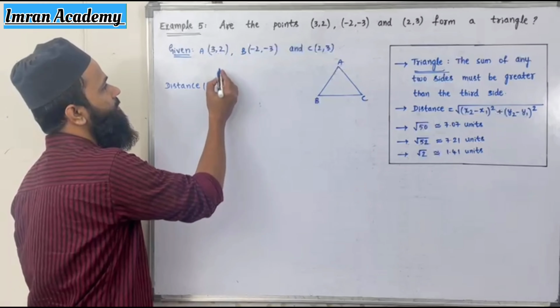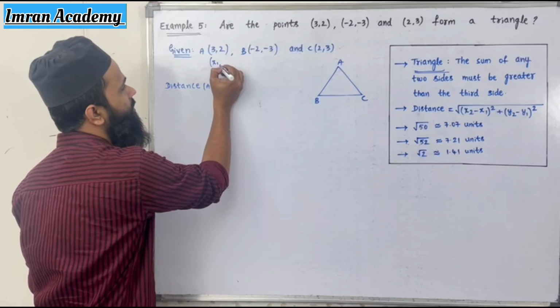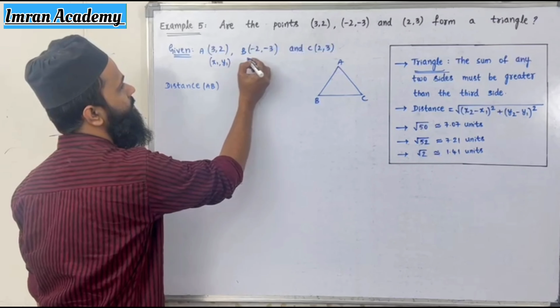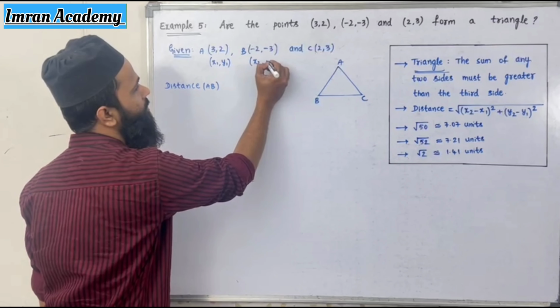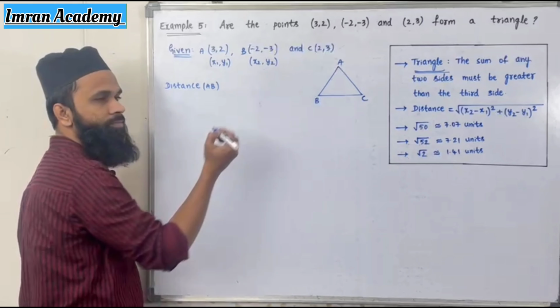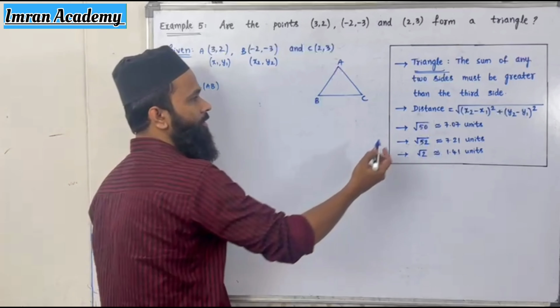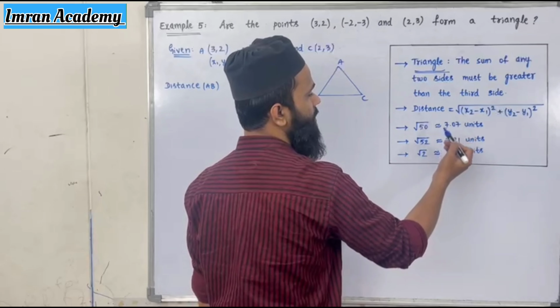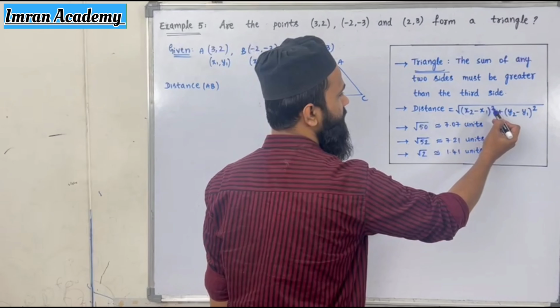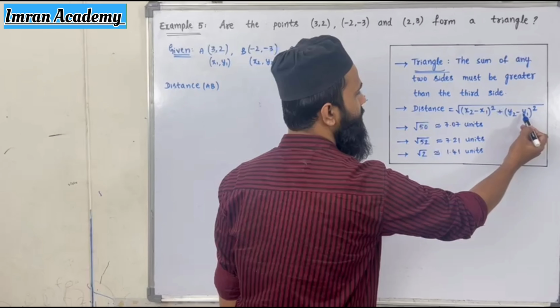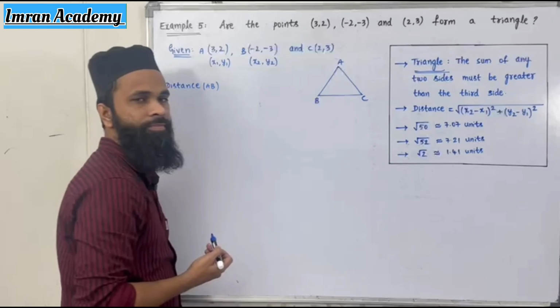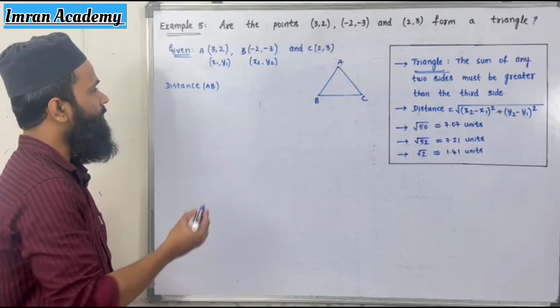Let the points be x1, y1, x2, y2. We know distance is equal to square root of (x2 minus x1) whole square plus (y2 minus y1) whole square. Apply this formula.